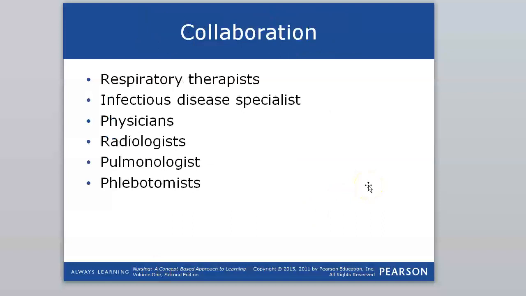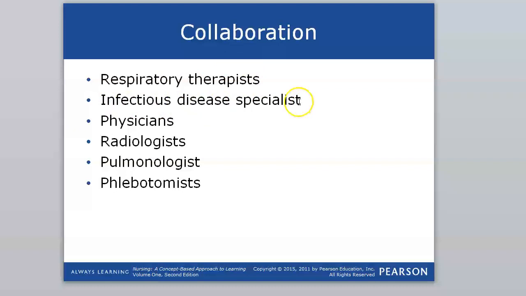So in order to help these patients overcome the illness, we collaborate with respiratory therapists, infectious disease specialists, physicians, radiologists, pulmonologists, and phlebotomists. They're going to have oxygen therapy. Many of them do. Might want to call in an infectious disease specialist, especially if they're not responding to antibiotics and they're developing some of these complications.